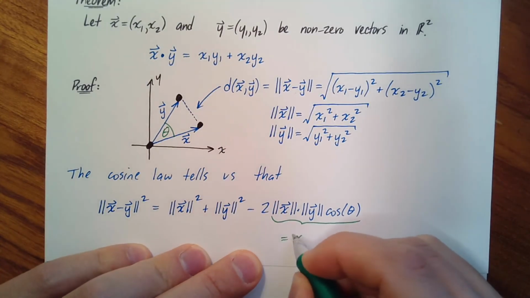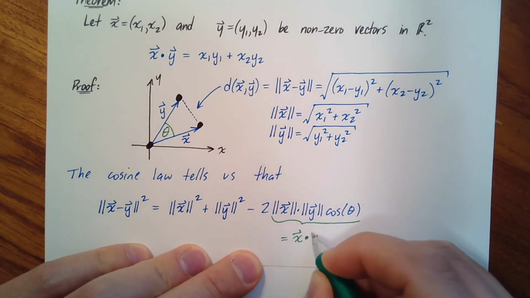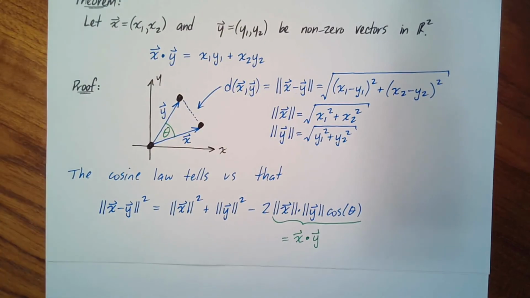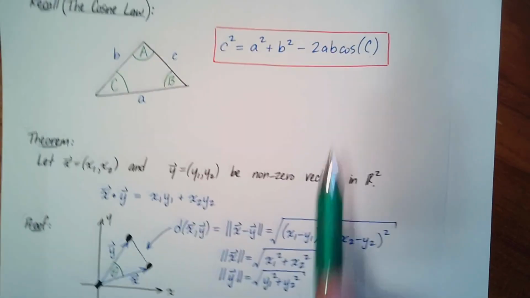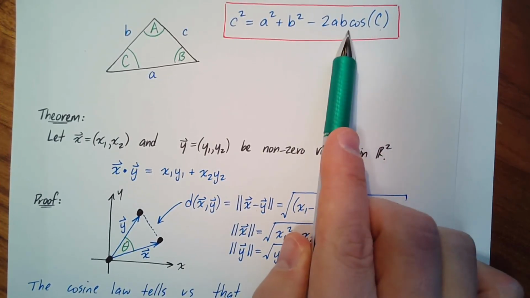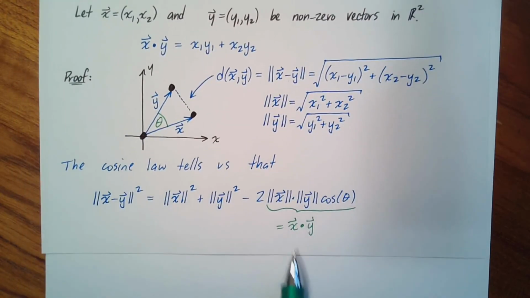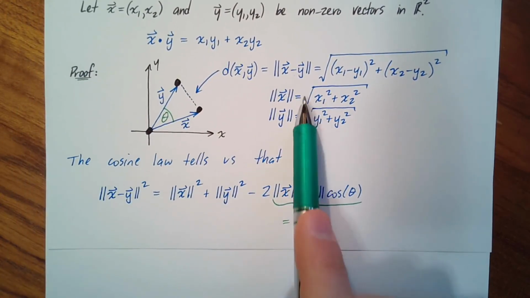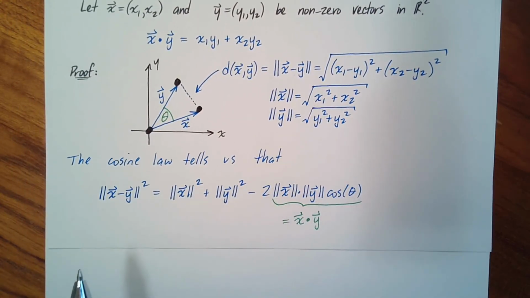This is just the dot product of x and y. So really the dot product of two vectors is kind of built into the cosine law, right? It just kind of shows up here. This is really a dot product if you set up the vectors properly. So let's do that. Let's plug these three quantities in for these three quantities, and then replace this with the dot product of x and y and see what we get.